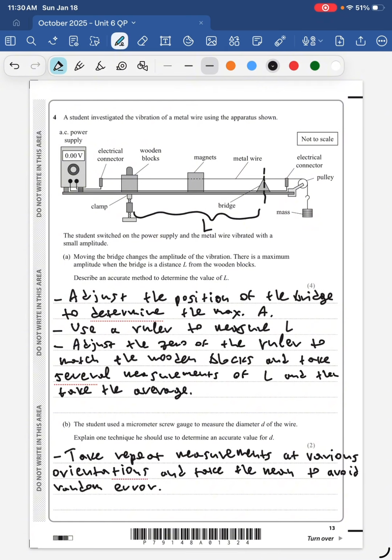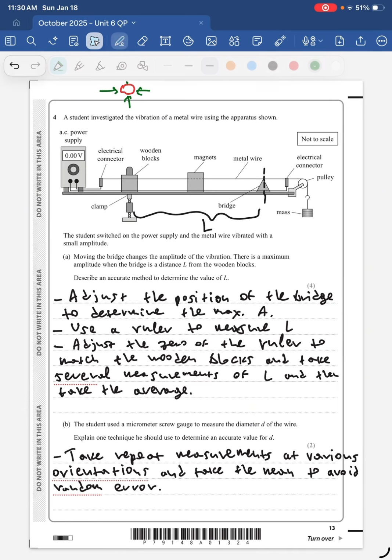The reason is that if you're looking at the cross section of this wire from above, it might look like this. So if you measure D along this direction, for example, it's going to be different from this direction.